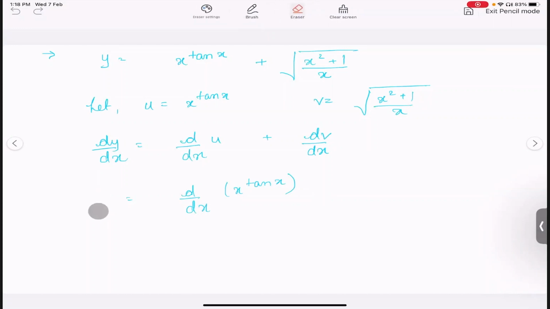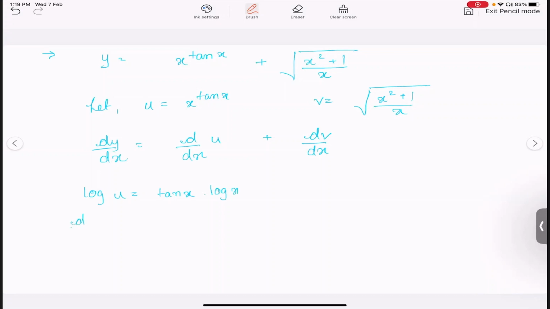This identity can be applied only when n is a constant, but here this is not the case. So we have to take the log first, and then find the value. So log u is equal to tan x log of x.